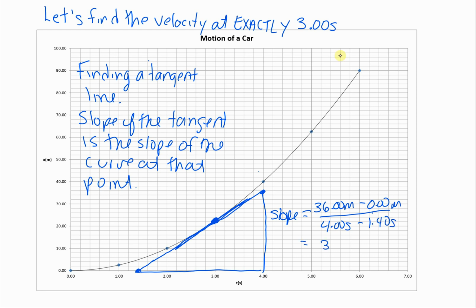So we have 36 meters over 2.60 seconds, and that gives us about 13.8 meters per second. And that is the velocity at 3 seconds.